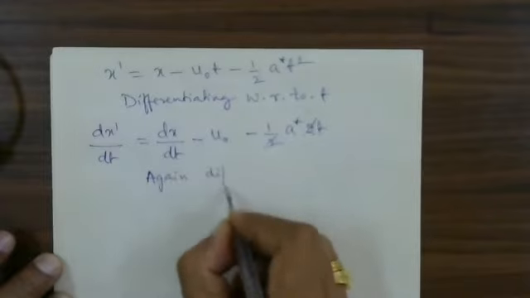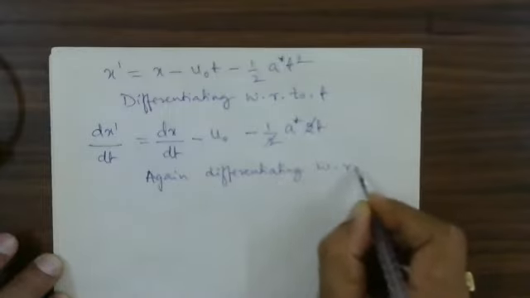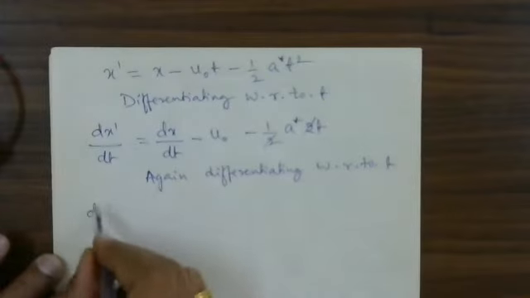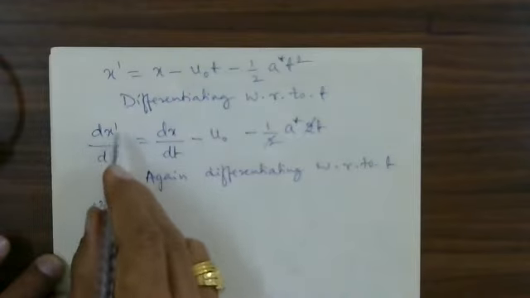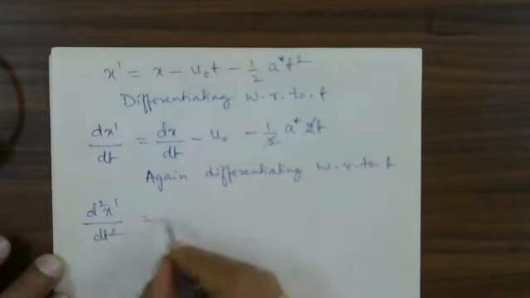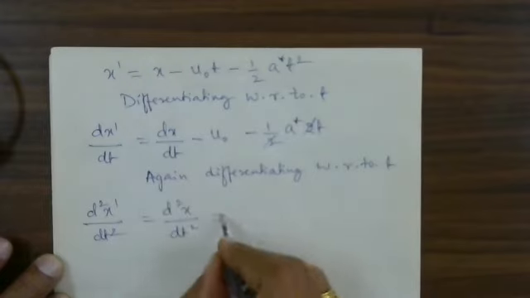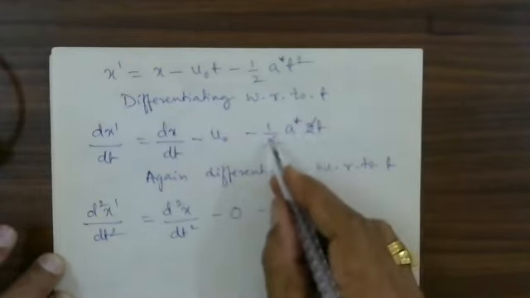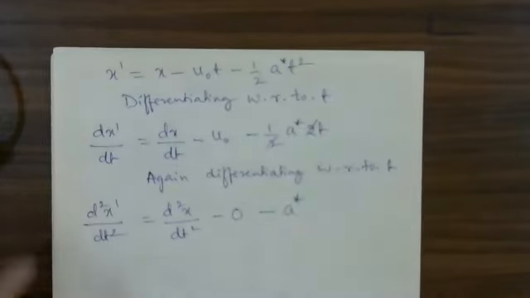Again differentiating with respect to time. Therefore, you will have the second order derivative d square x dash divided by dt square is equal to d square x divided by dt square minus this value, which is 0, minus this, 2 gets cancelled, a star t, I can write a star.